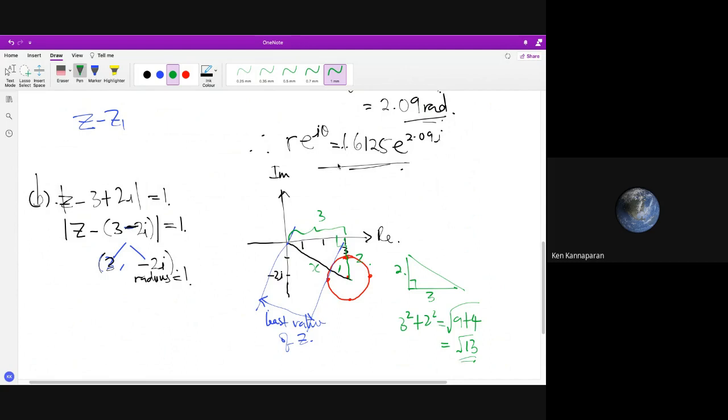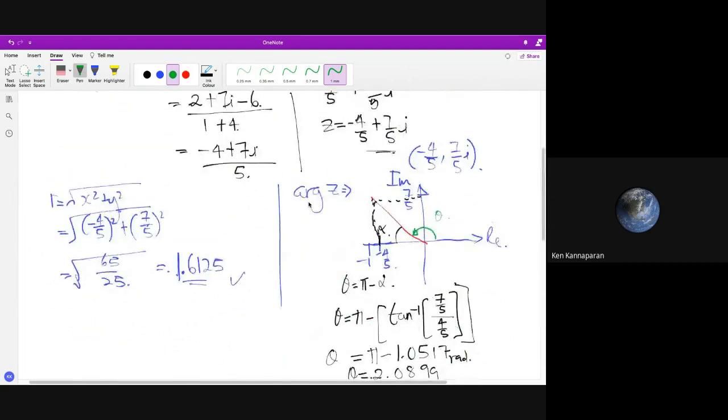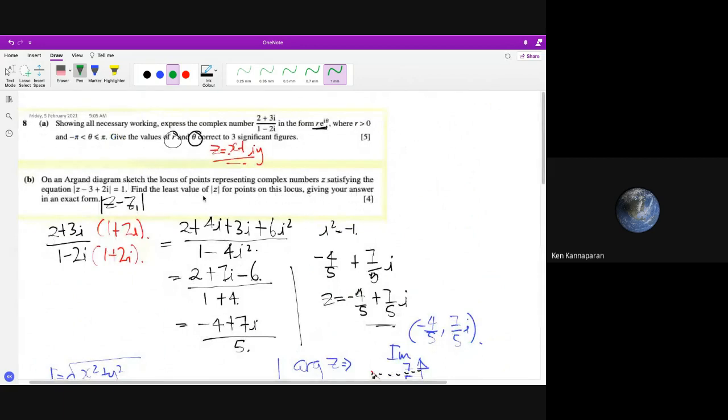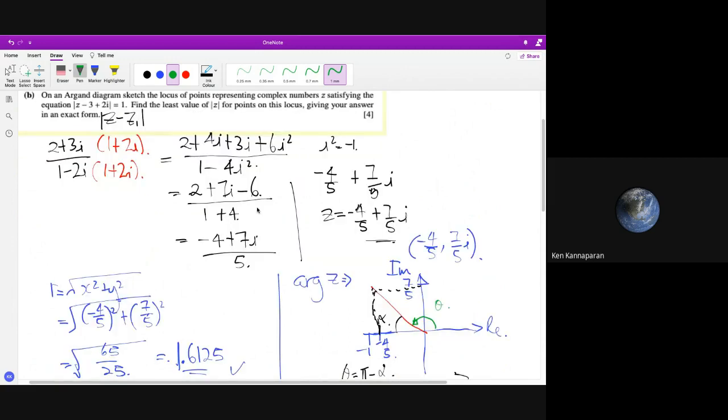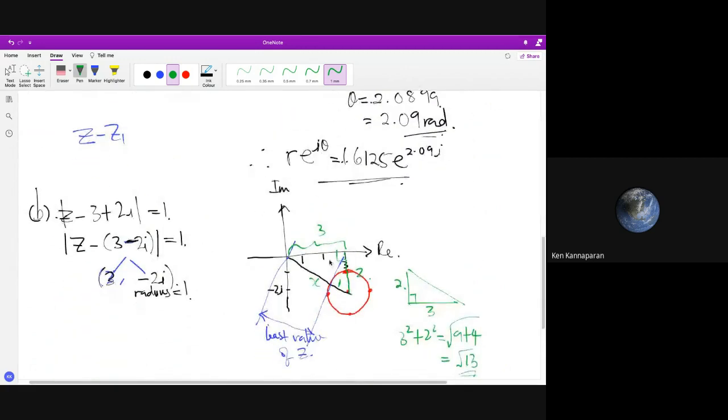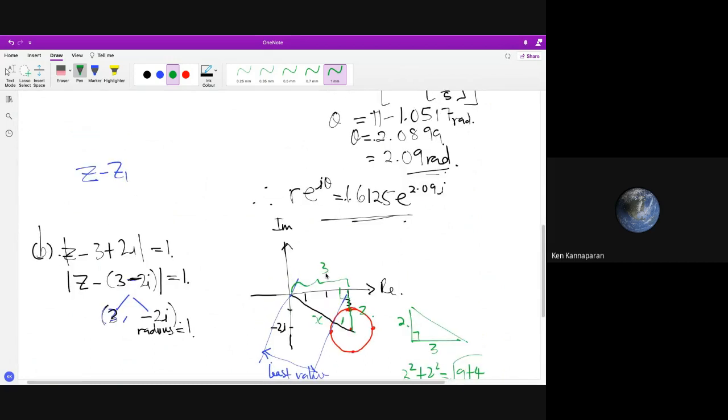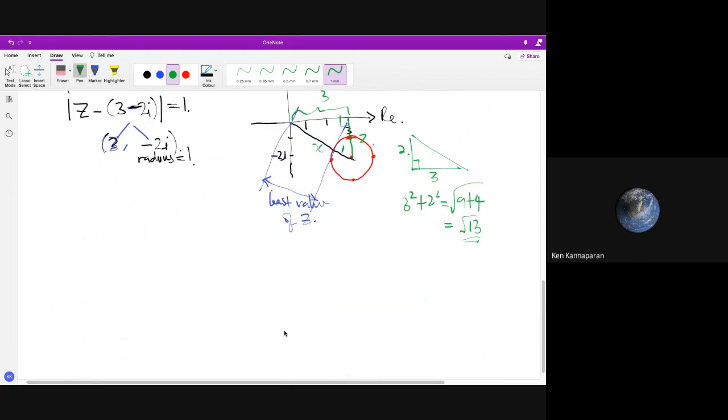So the question here: find the least value of modulus z for points on this locus. So the least value of z is what they are looking at. They are not looking for the coordinate. They want what is the least value of z. So the least value of z is this part here, the blue in color. So how do I find that?